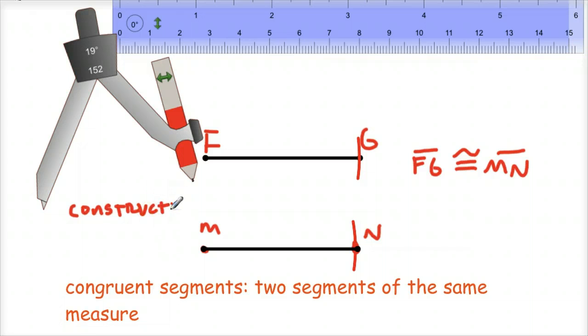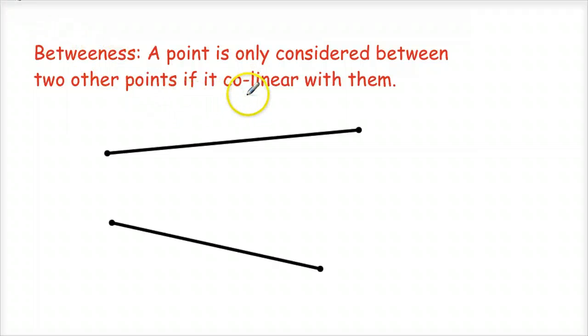And a construction is basically recreating different shapes using methods with simple tools like the compass and protractor, or just straight edges and a compass and that sort of thing, where sometimes we wouldn't have a precise measurement, like we might not have numbers. Most of our compasses now are nice and they can tell us some information, but a construction is mostly done with tools that don't have any sort of measurement on. Okay, so that's a little bit about congruence. We'll talk a lot more about that later.